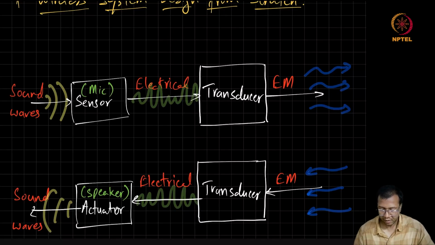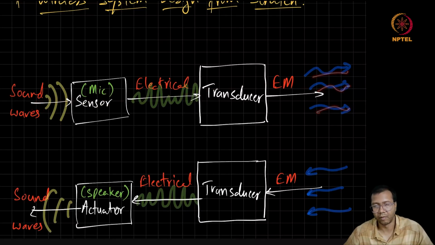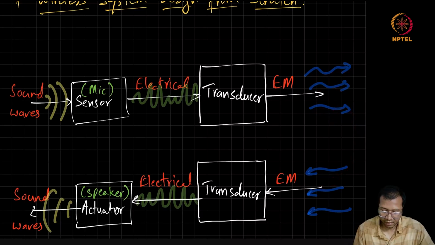So we have seen a very simple wireless system where we are able to transmit sound wave from one node with the help of this wireless propagation of electromagnetic waves, and finally the same sound wave is being regenerated at another node.